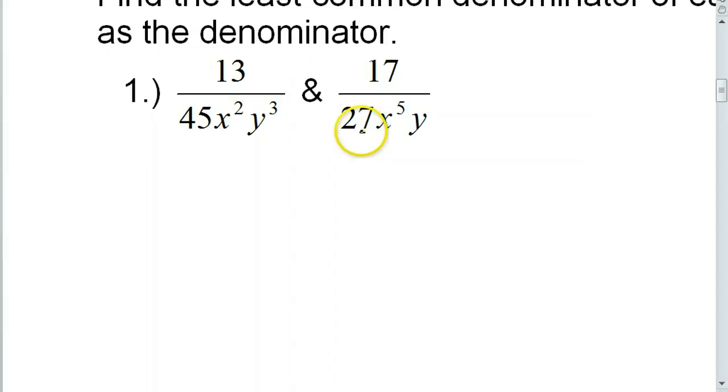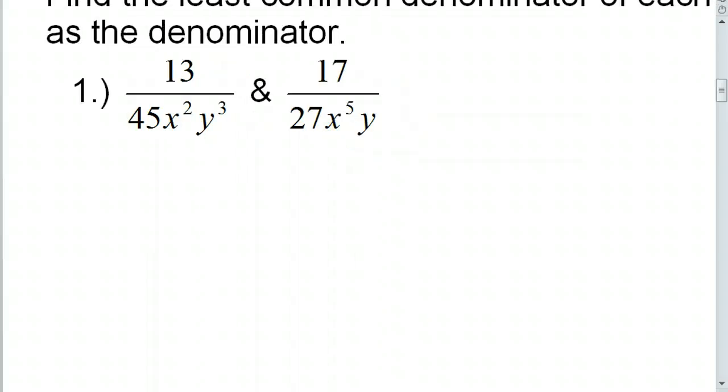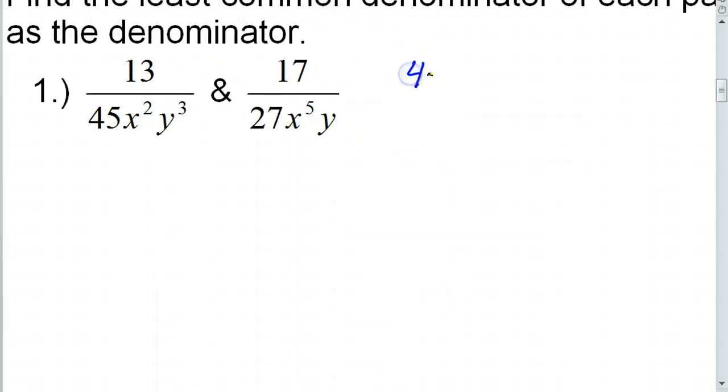So looking at the 45 and the 27, I think I'll just do that off to the side. Remember how we found the least common multiple? Looking at 45, 45 is like what times what? 9. All right, 45 is 9 times 5. 5 is prime. And then what? 3 times 3.